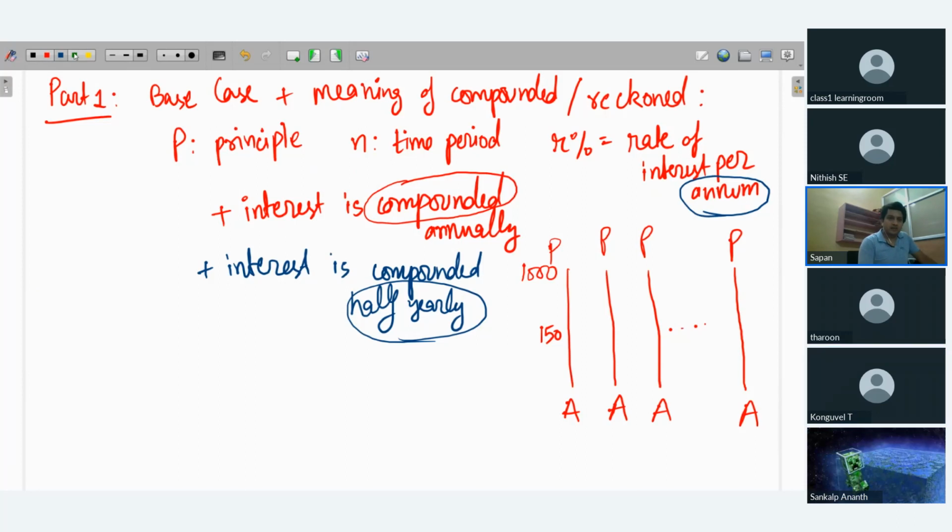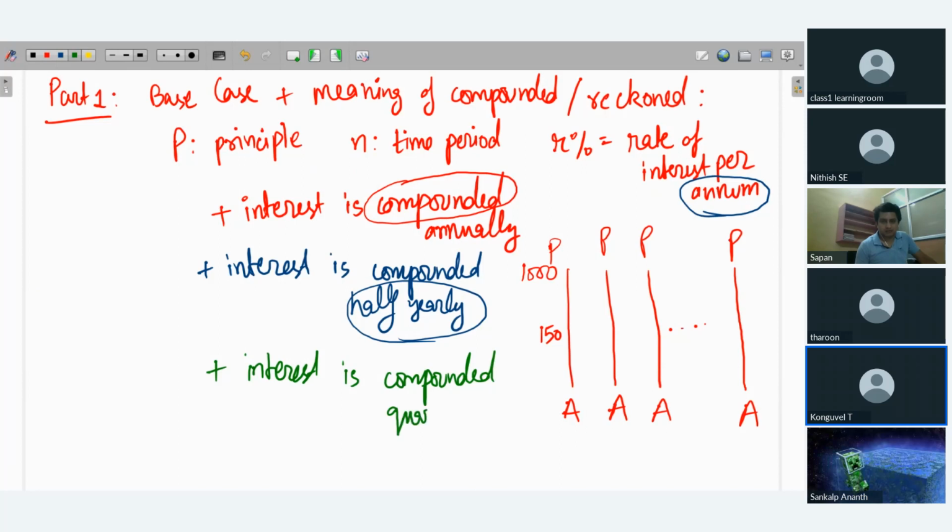Similarly, if I say that interest is compounded quarterly, can you tell what it means? The interest is added every quarter of the year, sir. Yes. It's the same interest, the rate is per annum, but it is given on a quarterly basis.